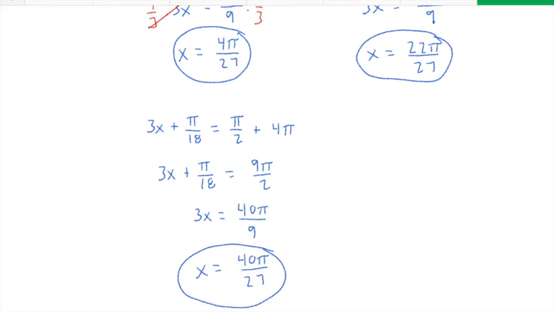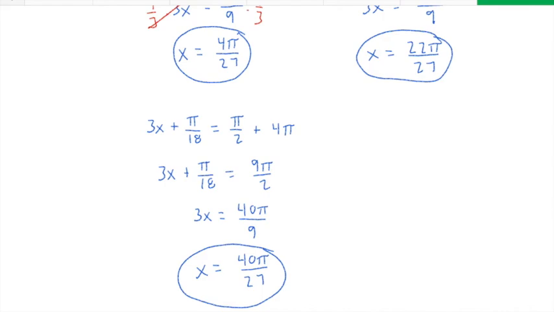So it stands to reason that if I go through this process one more time, I'll end up with a solution of 58 pi over 27. And 58 pi over 27 is just outside the interval from 0 to 2 pi, so I would not include that in my solution set.